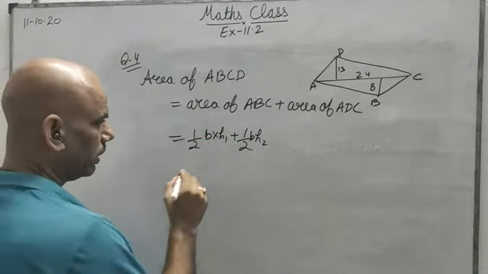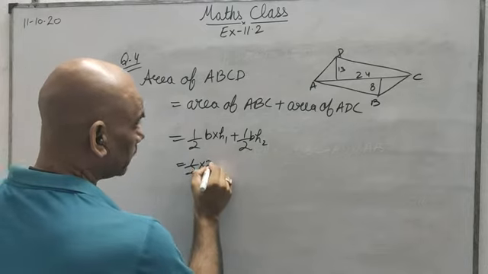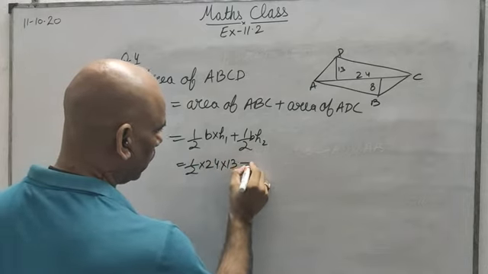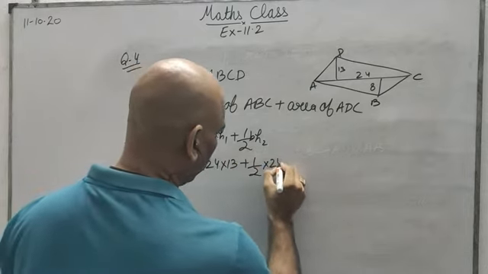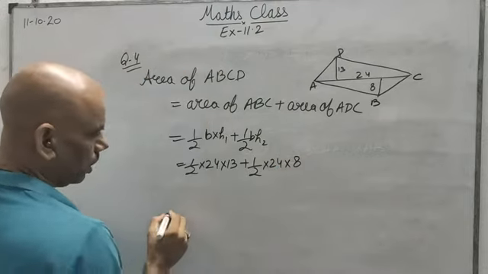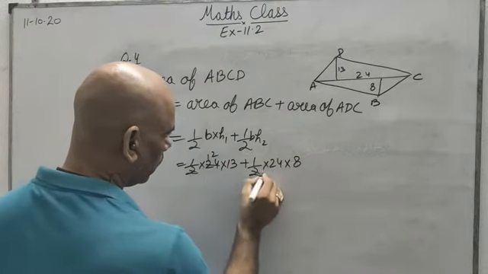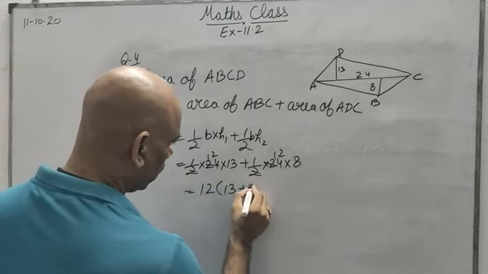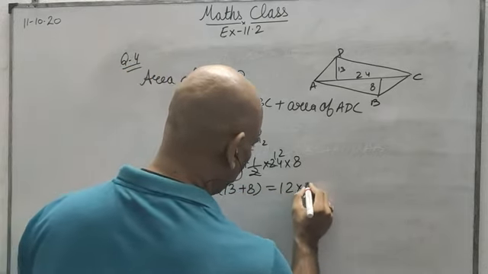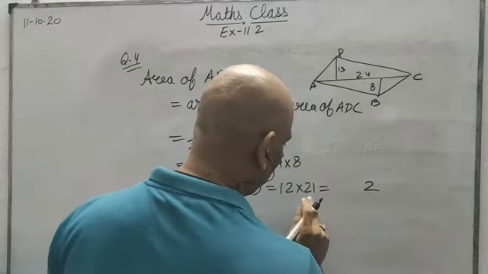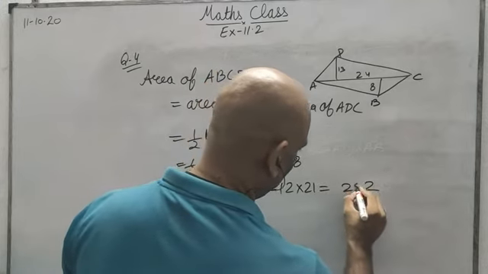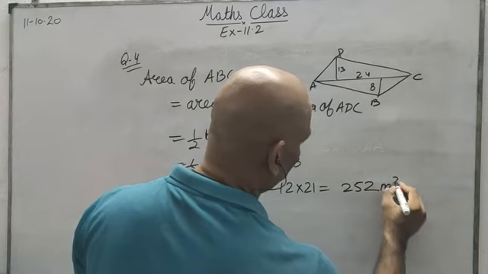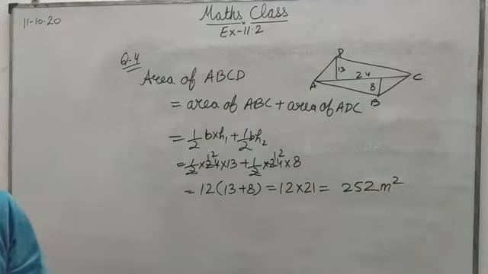Base is common, heights are different. So base is 24, height is 13. Base is 24, height is 8. So this is 12, 12 common, 13 plus 8. 12 into 21, that is 252 meters square. 252 meters square will be the area of this field.